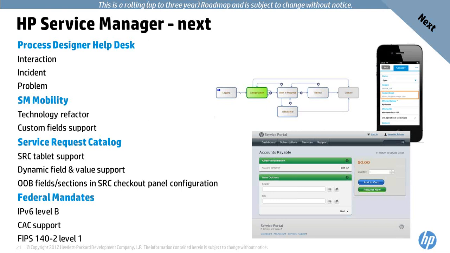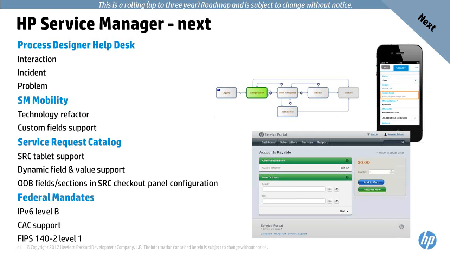The third part is related to service request catalog. So after 9.31, we're seeing a large adoption of SRC, and of course, with adoption comes enhancement requests. So we're bringing a number of enhancement requests. There's a lot of detailed enhancement requests, but the most notable one is the support of dynamic field and value, which is something that has been requested for a long time, and so this is coming in this version.